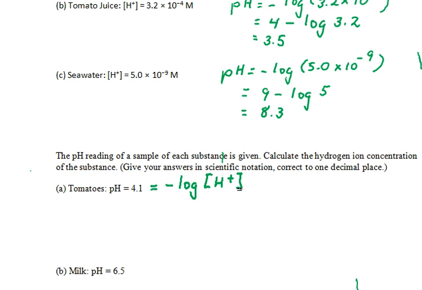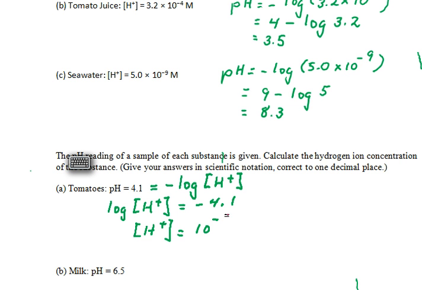And so first of all, we can take the opposite of both sides and get that the log of the hydrogen ion concentration for the tomatoes is equal to minus 4.1. By raising each side with the base 10 exponential, we will get the hydrogen ion concentration for the tomatoes is 10 to the negative 4.1.